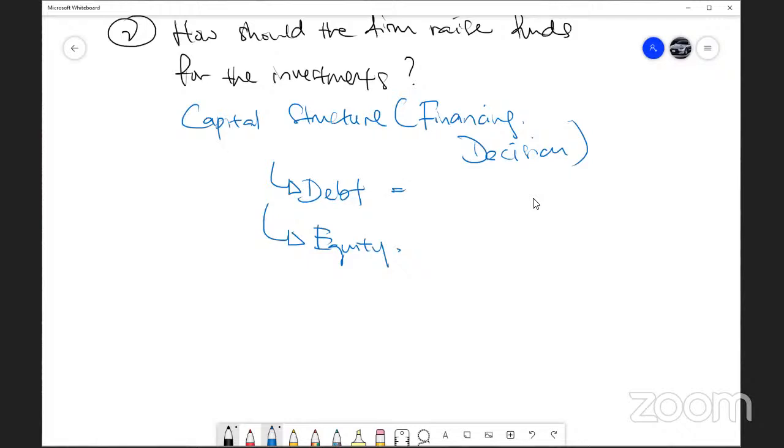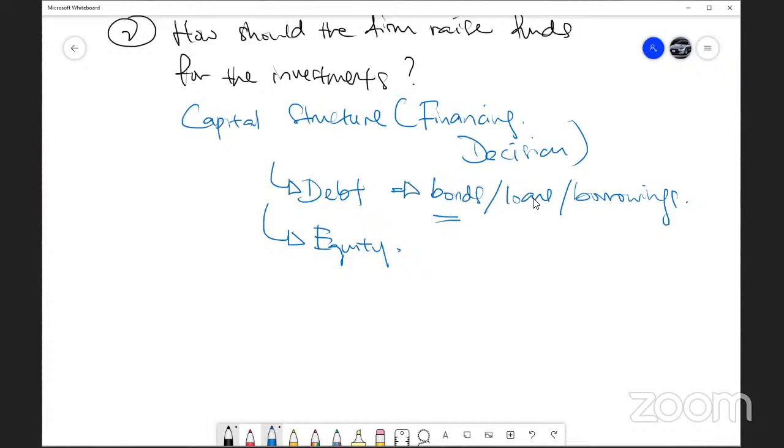So debt is basically bonds, loans, borrowings. Just to recap, what is bonds? Bonds is basically a borrowing from the public.